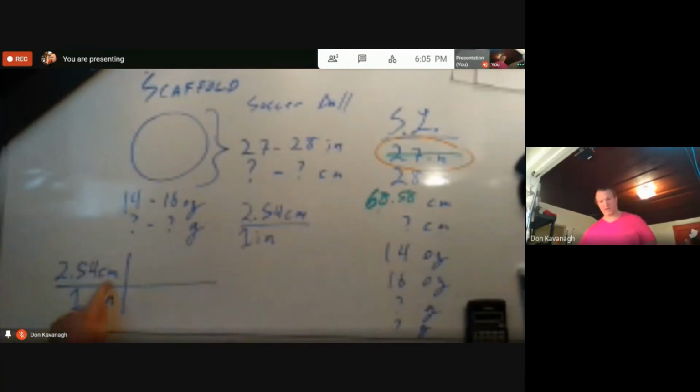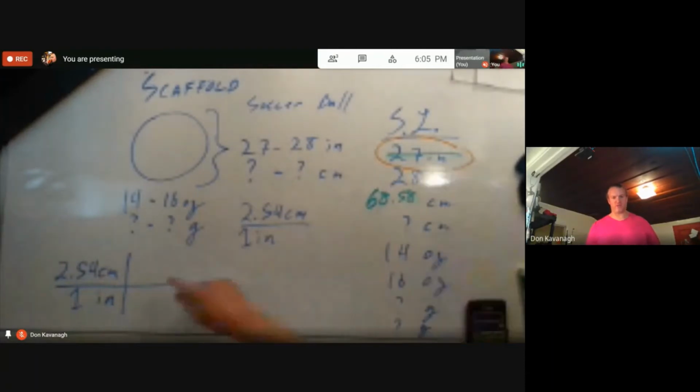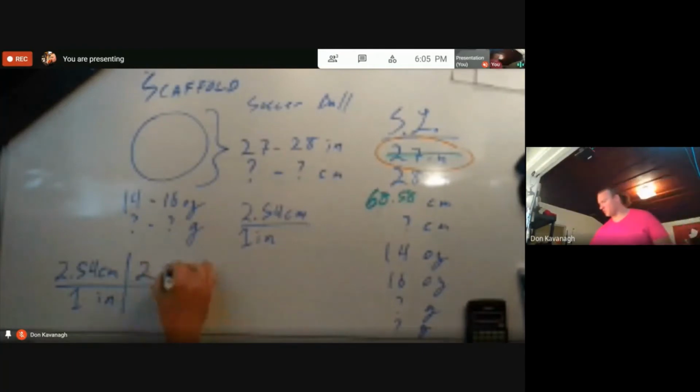I need to put 28 inches in my scaffold. And it doesn't matter whether I put it top or bottom, because I need a unit to cancel, and units on the top cancel out units on the bottom. So 28 inches is going to go in the numerator.